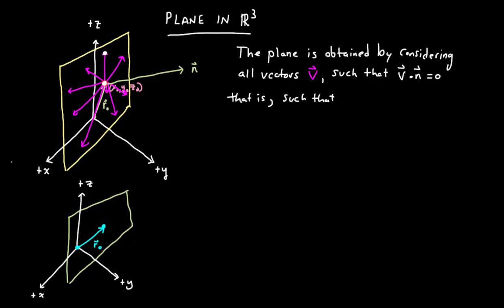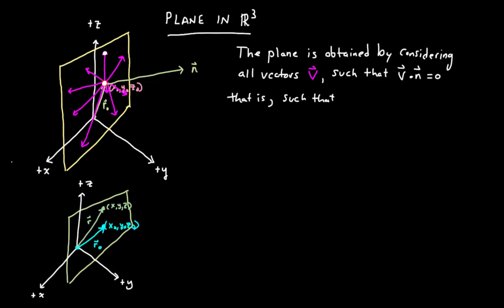Now, all of the other points will come as terminal points of vectors, and that vector can be anything. So generically, I'm going to just call that vector r, which is then going to be the point x, y, z, as opposed to this initial point x0, y0, z0.